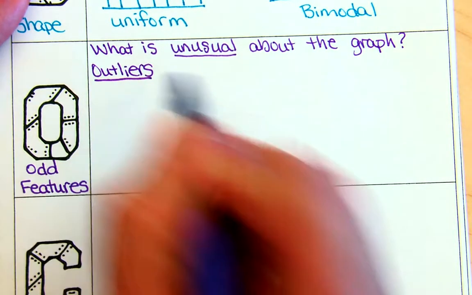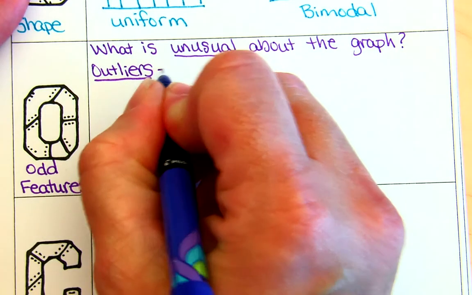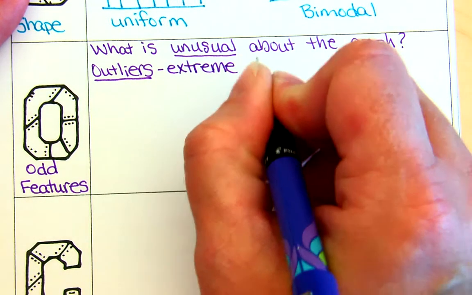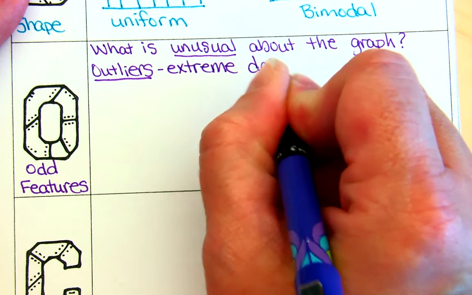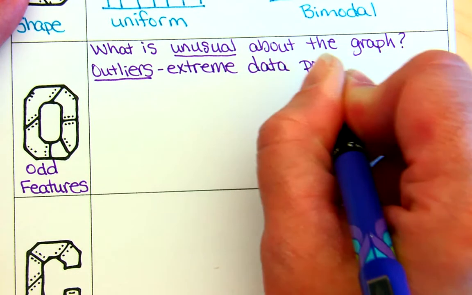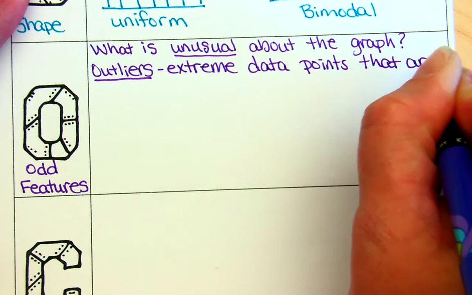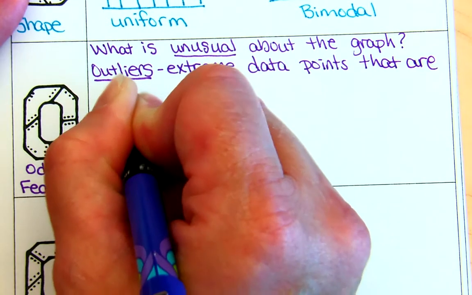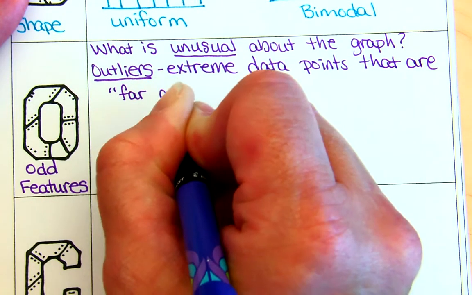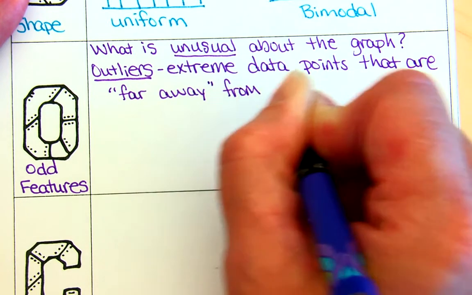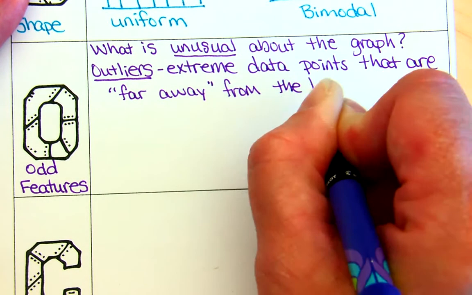Outliers. Okay? This is an extreme data point that is far away from the bulk of the data.